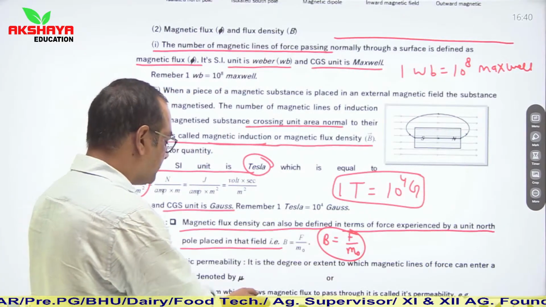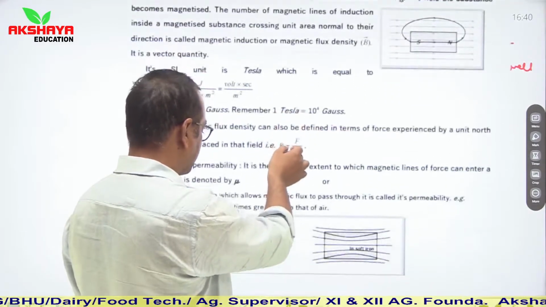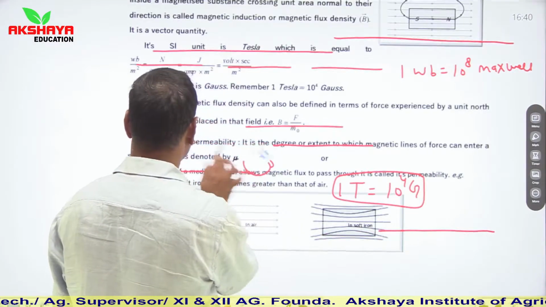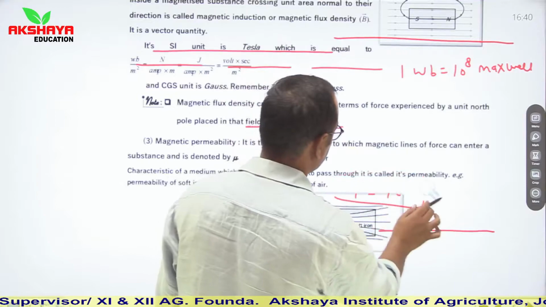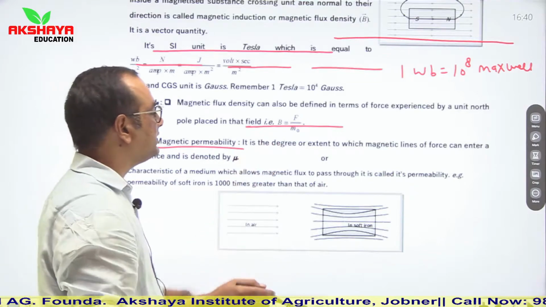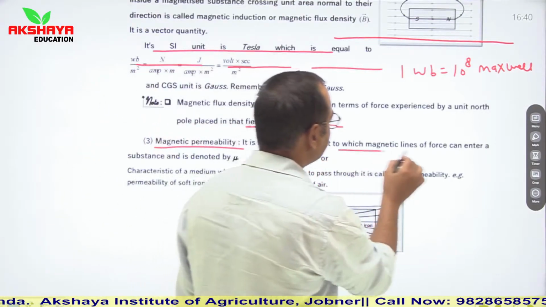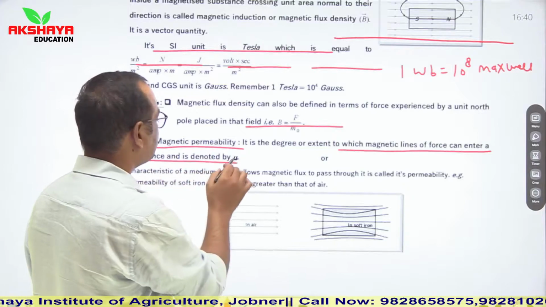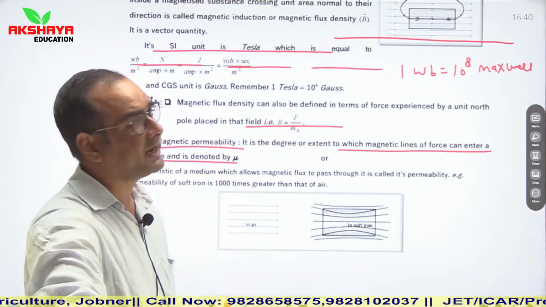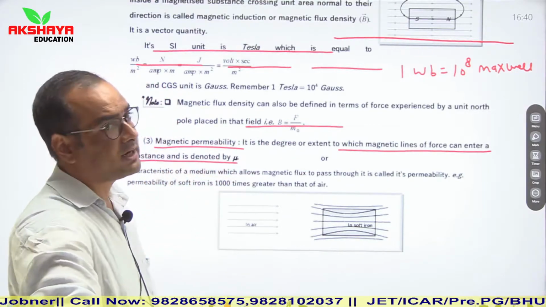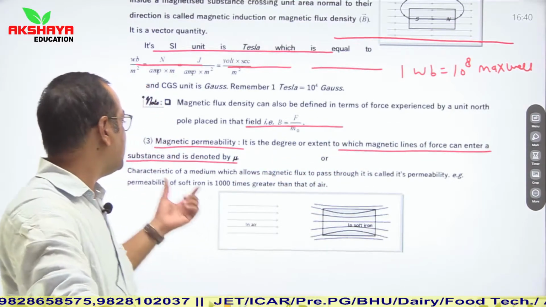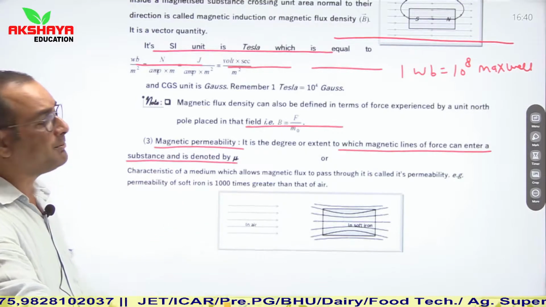Now see magnetic permeability. Let us see its concept. It is the degree or extent to which magnetic lines of force can enter a substance and it is denoted by mu.